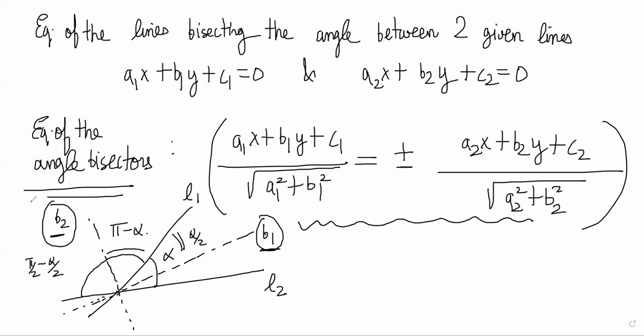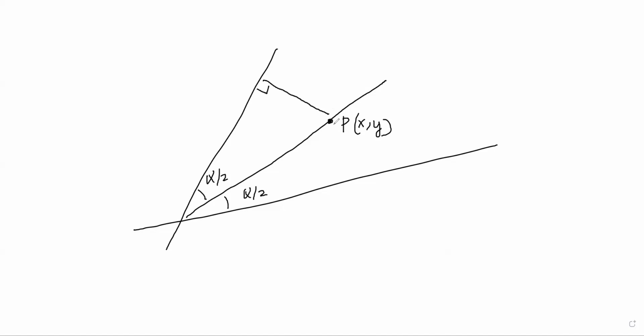That is based on a simple property. If you have an angle bisector, let's say these two angles are equal, alpha by 2 and alpha by 2, then any point lying here, x comma y, will make equal length perpendiculars. PR is equal to PS.